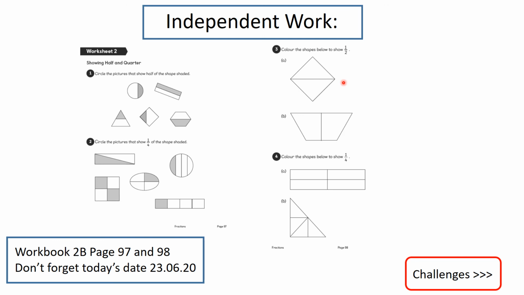For question 3, you need to colour the shapes below to show 1/2. You can use any colour you have, even just your normal pencil. And question 4, colour the shapes below to show 1/4. I'm going to talk about your challenges now, but good luck, and let's find out what the challenges are today.